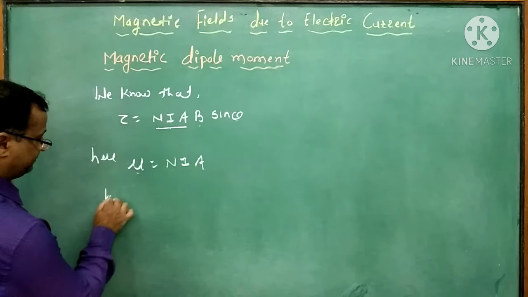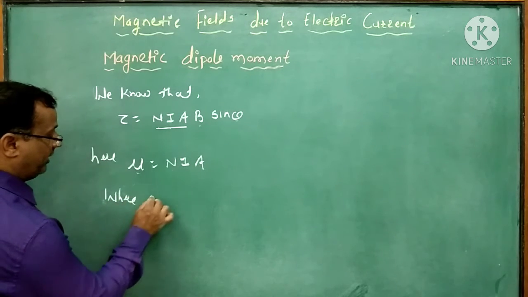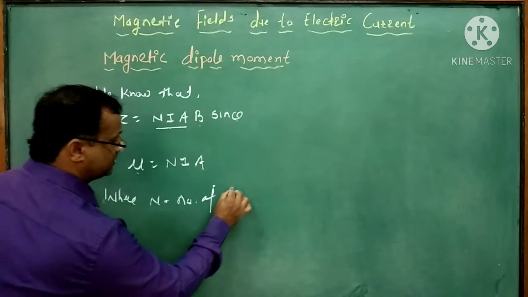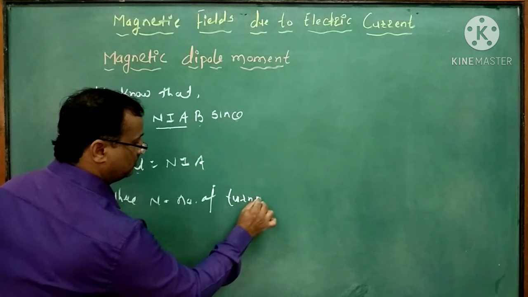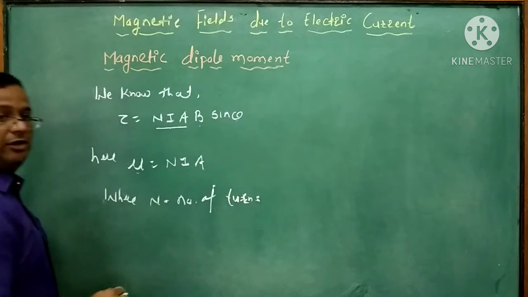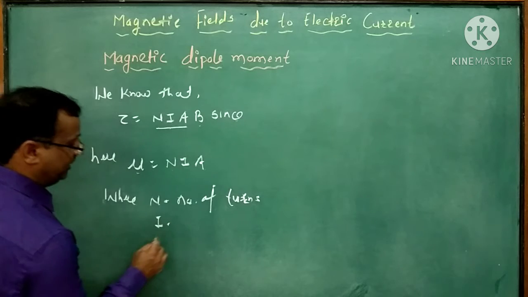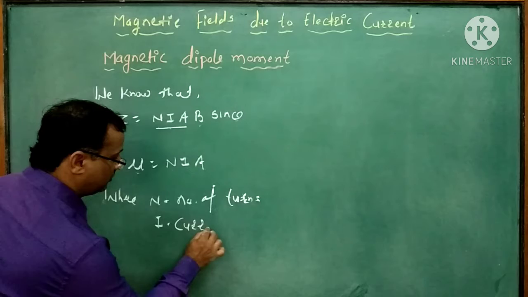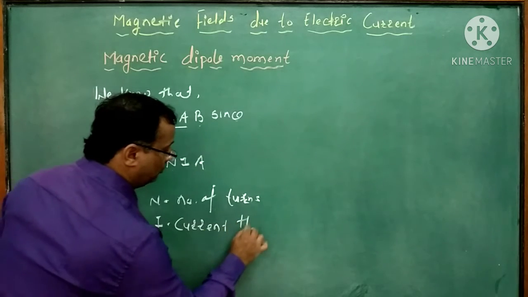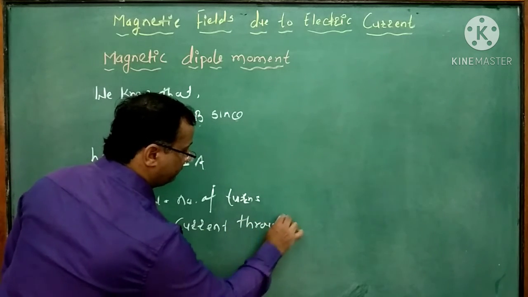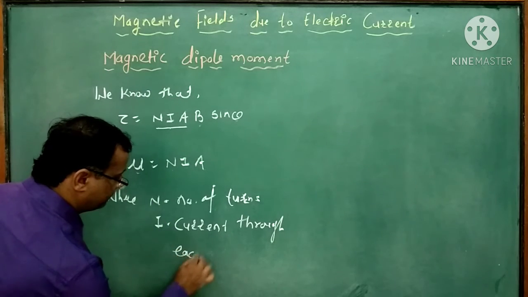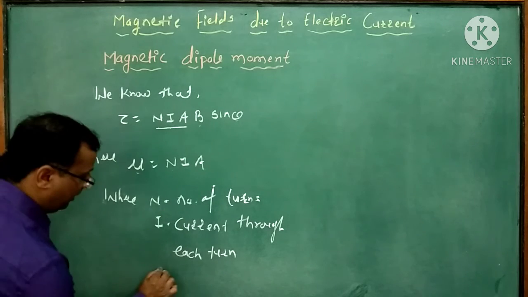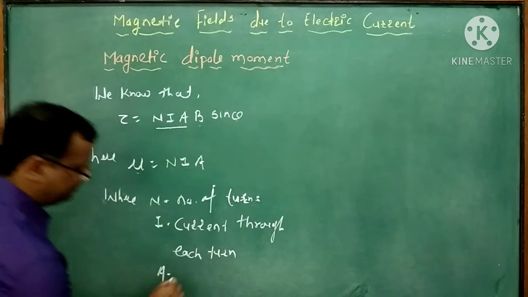Where N is the number of turns in a coil, I is the current through each turn, and A is the area of the coil.